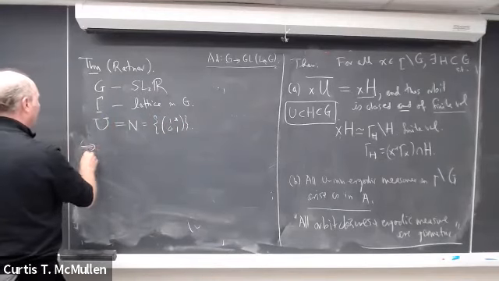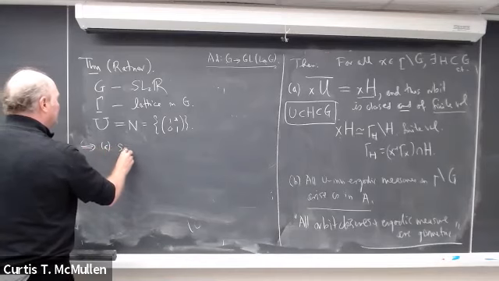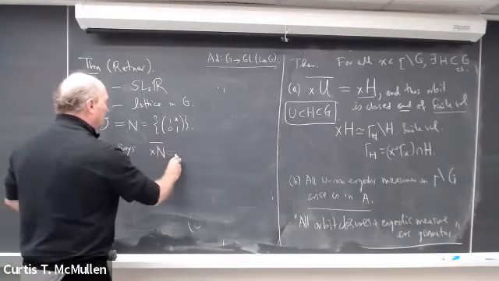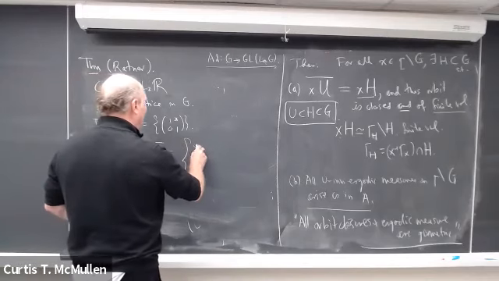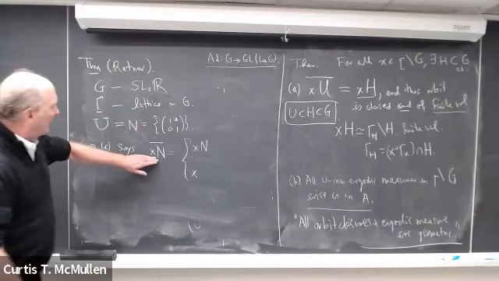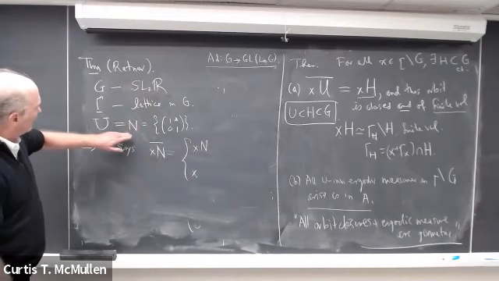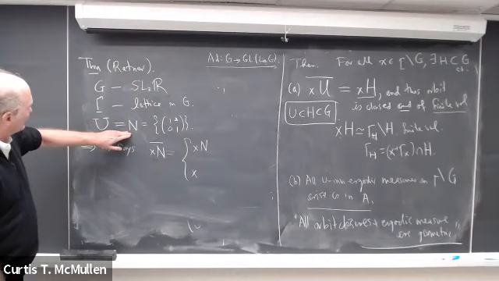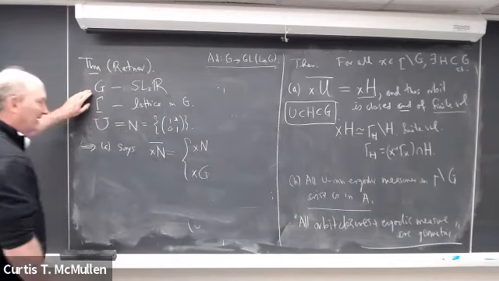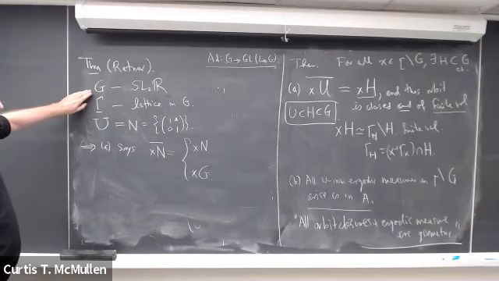Then part A says that the closure of XN, there's two possibilities. It's either just equal to XN, or it's equal to XH for some bigger H. But it turns out the only reasonable bigger H that it can be is G itself. So it's equal to XN, or it's equal to XG.